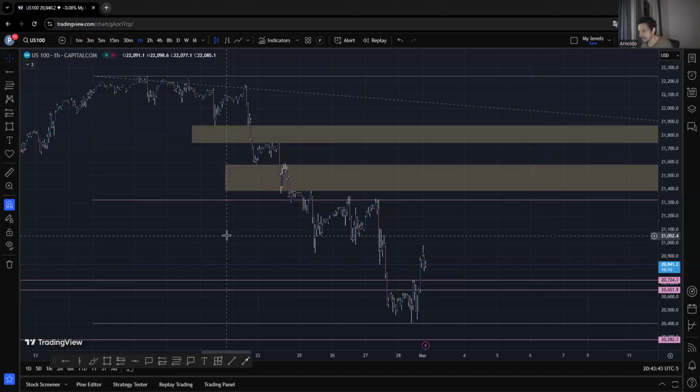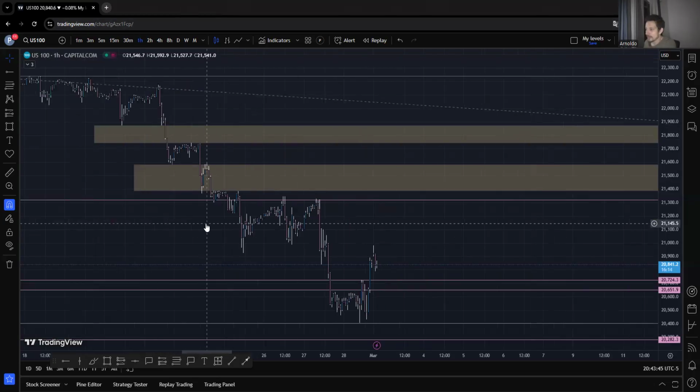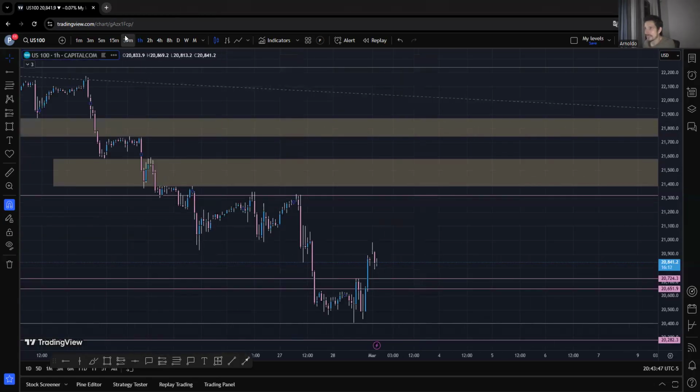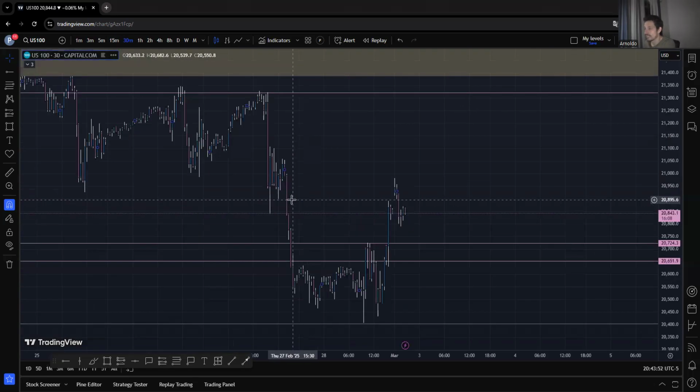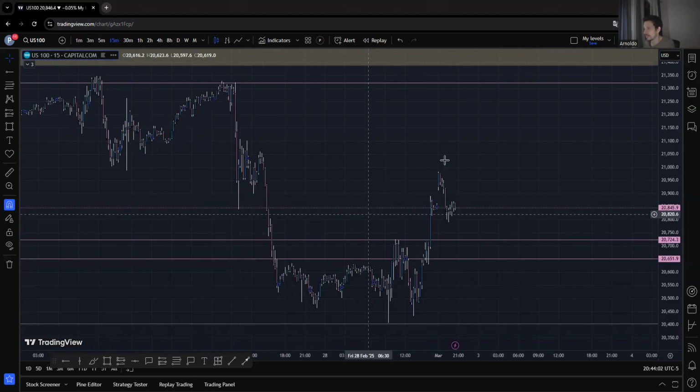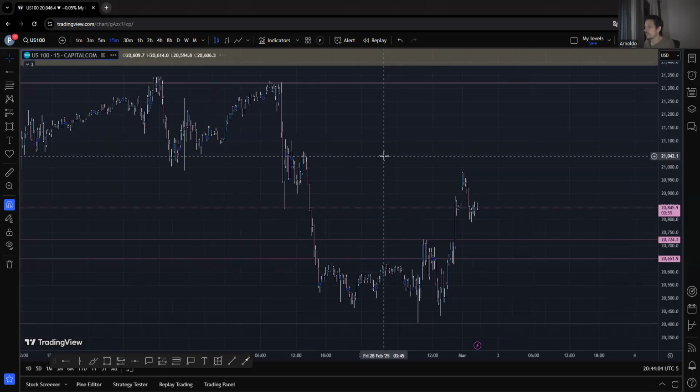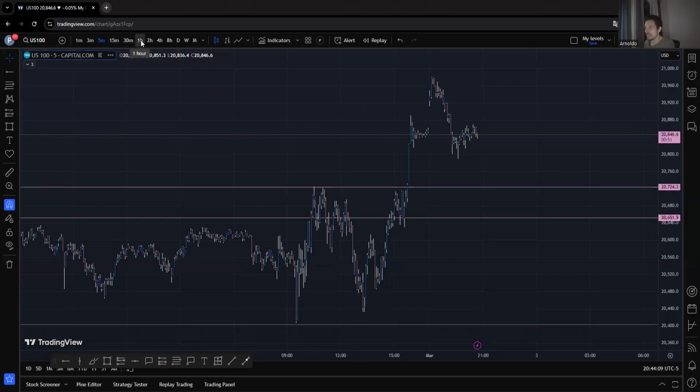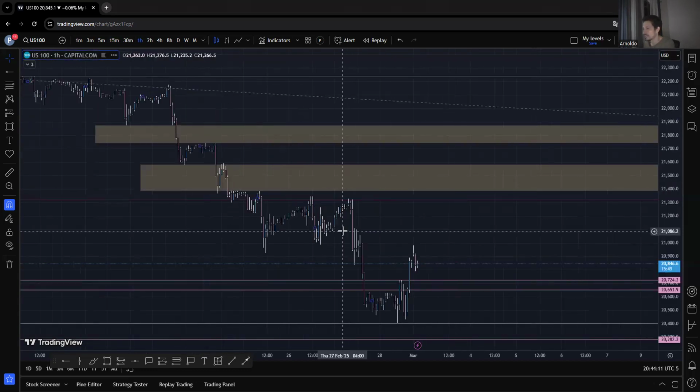So for now, there's not really much of a top-down analysis that I could go on for right now, since we're still waiting on more information on the mid time frames like the 1 hour and 4 hour. On the 30 minutes, it could still look like a continuation upside. It could give us a retracement to the upside, but we're just going to wait for a little more information for us to actually take a trade.